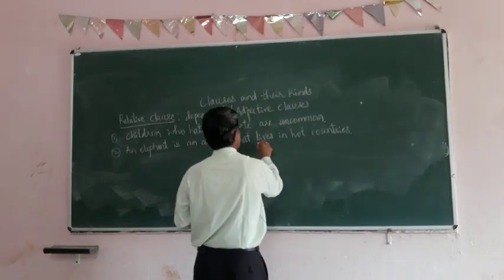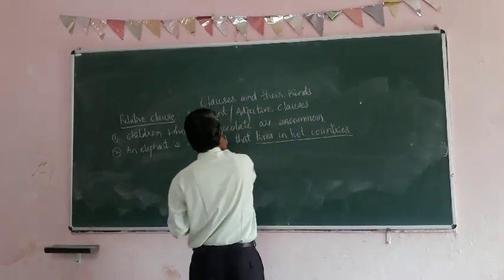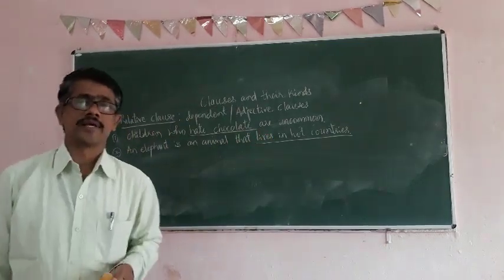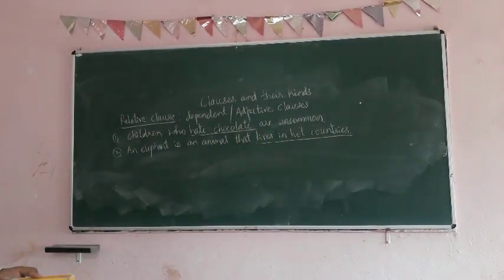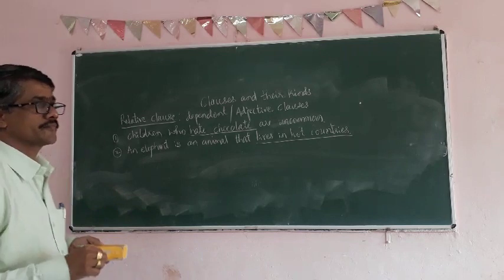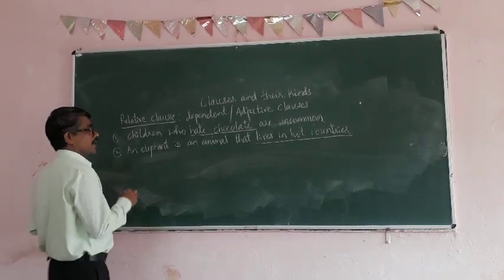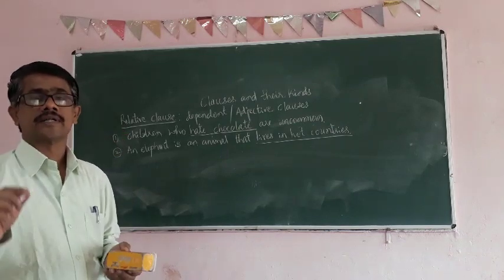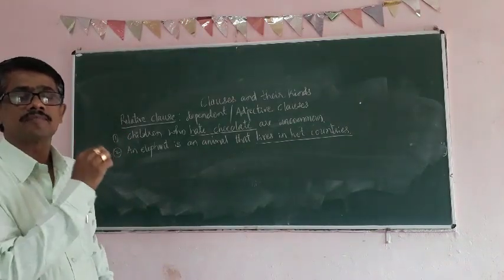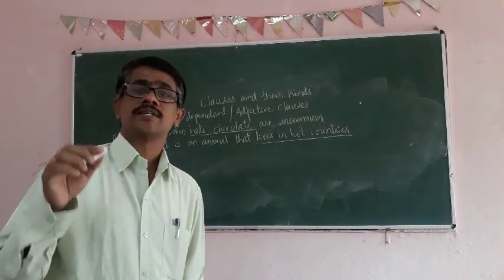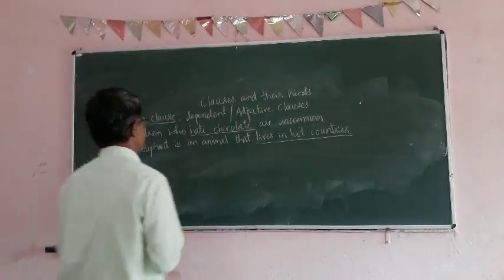Here, the clauses are who hate chocolate and that lives in hot countries. Let me repeat the examples for relative clause or adjective clause. First one, children who hate chocolate are uncommon. And second one, an elephant is an animal that lives in hot countries. These underlined parts indicate relative clauses or adjective clauses.